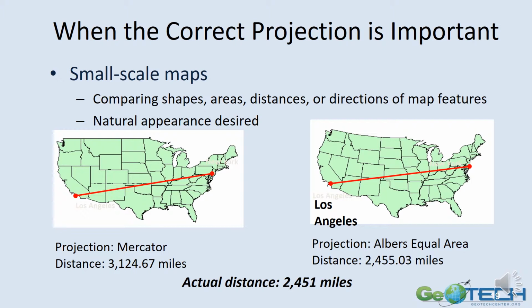On the right, we're using that Albers equal area projection, and the distance is shown as 2,455 miles. The actual distance is very close to that Albers equal area projection, where the Mercator projection is really off by a lot.